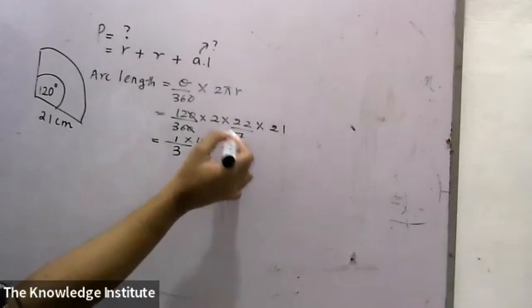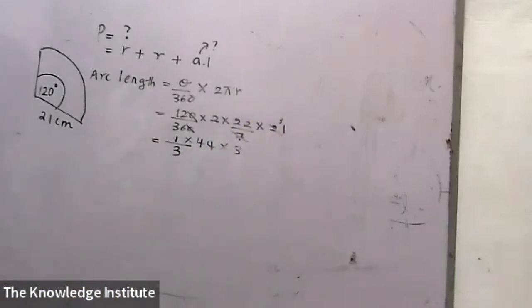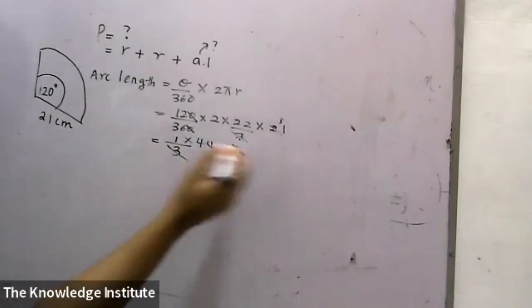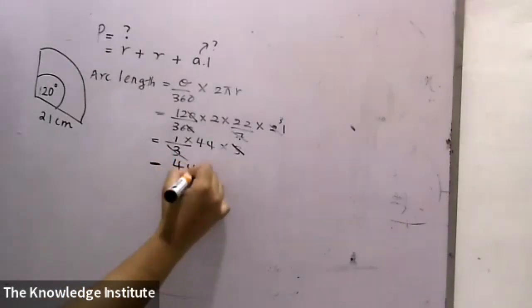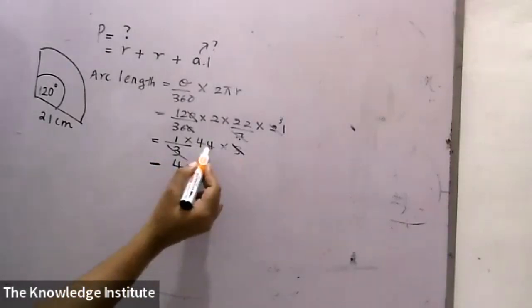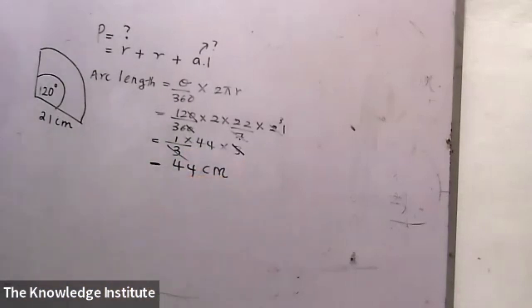In 21 you have 7 thrice, so you will get 3 here, and again the 3 and 3 will be cut off. So what can you tell about the arc length? When everything is cut off, only 44 and 1 remain. 44 into 1 is 44 centimeters.